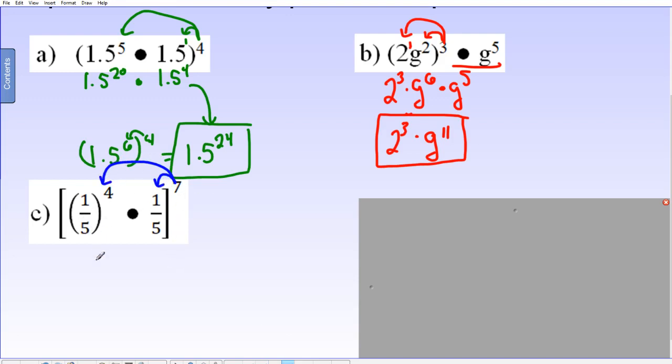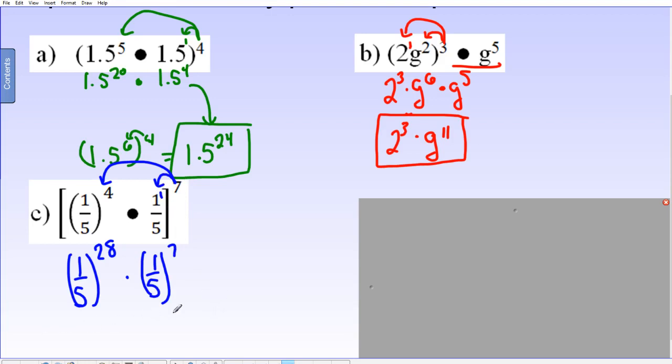So here, that gives me 1/5, in parentheses, to the 28th power. Here, that gives me 1/5, and I'll throw parentheses on it even though it doesn't start with them, to the, well, right now this 1/5 has a power of 1. I know because I don't see one. So I take 7 times 1, and I get 7.